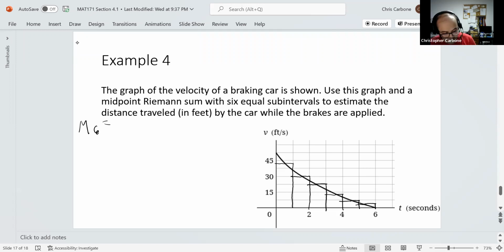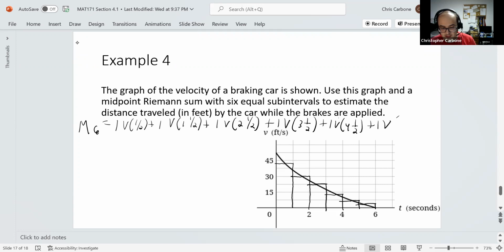So from what we have here, since this has a rectangle width of 1, this is going to be 1 times the velocity at 0.5, plus 1 times the velocity at 1.5, plus 1 times the velocity at 2.5, plus 1 times the velocity at 3.5, plus 1 times the velocity at 4.5, plus 1 times the velocity at 5.5.